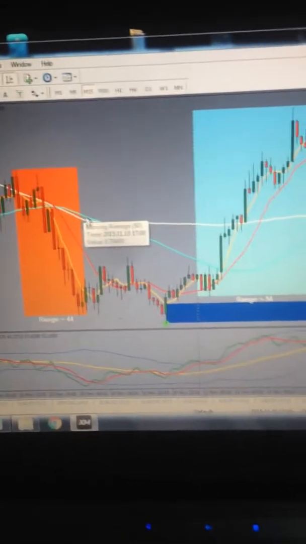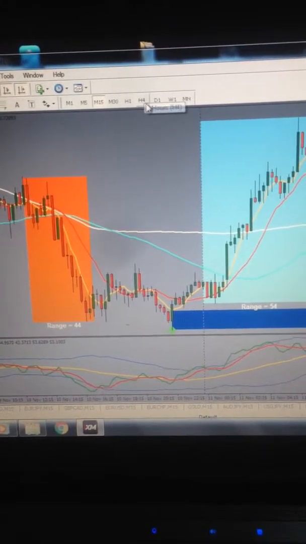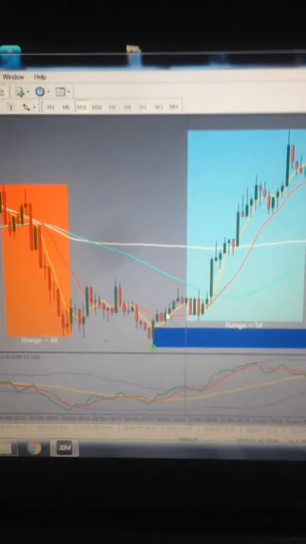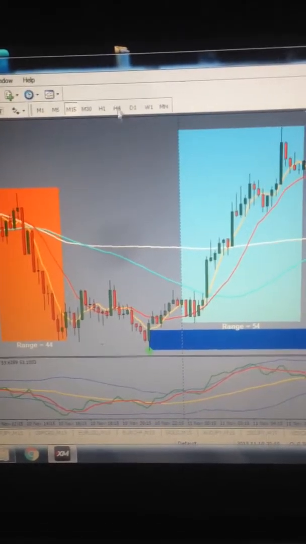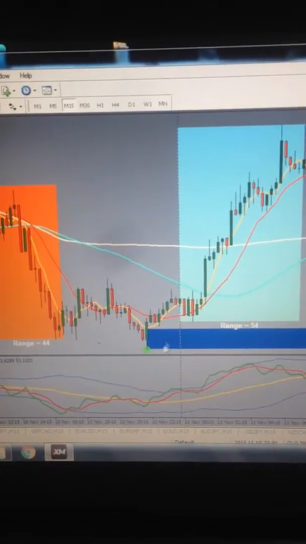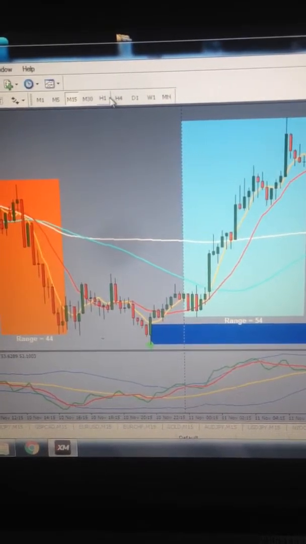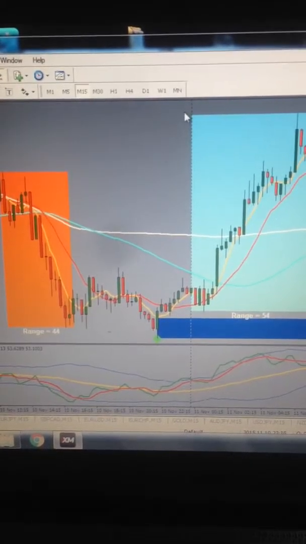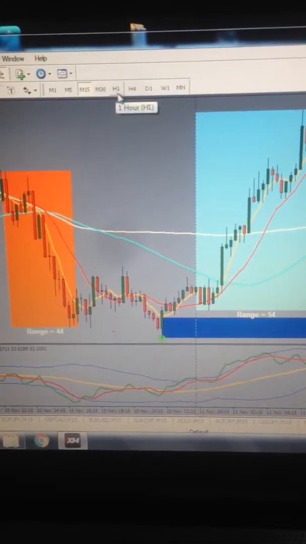Okay. And you also look at the 4-hour chart, the 1-hour chart. You're probably going to see a railroad track forming in the 4-hour time frame, a small W forming in the 1-hour time frame.